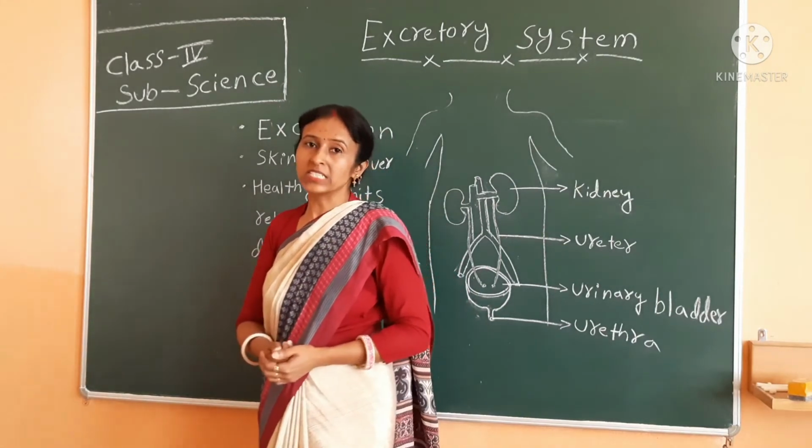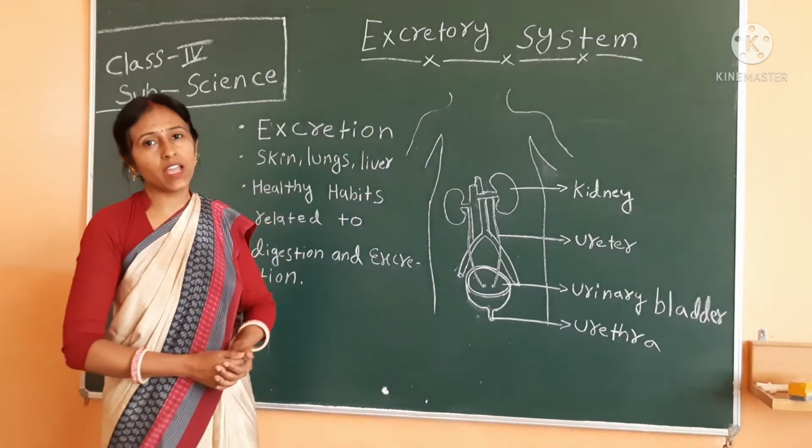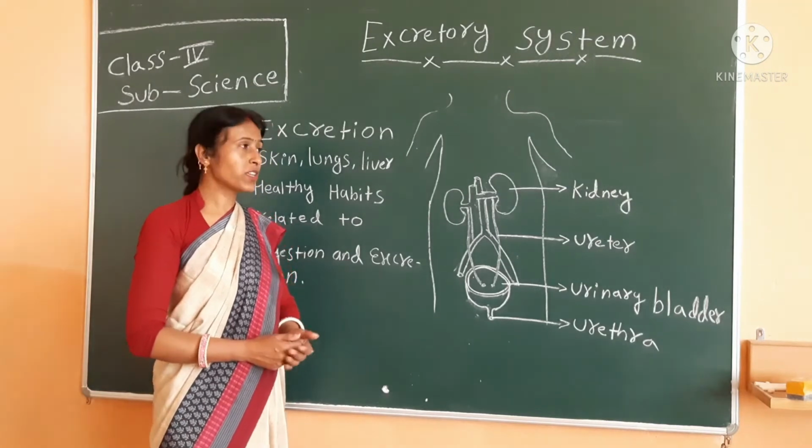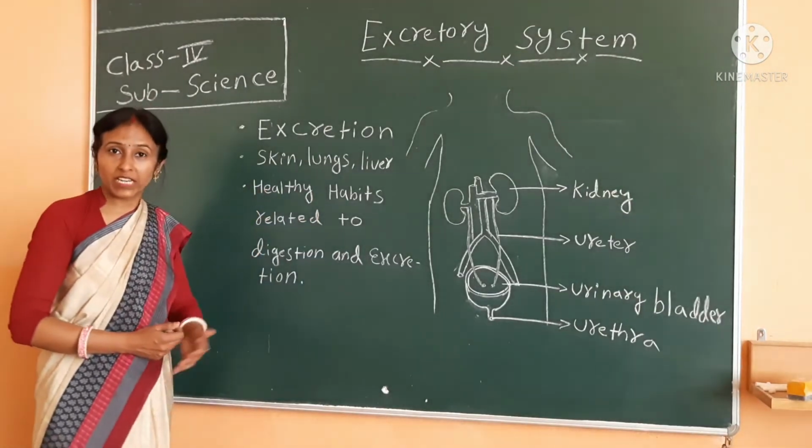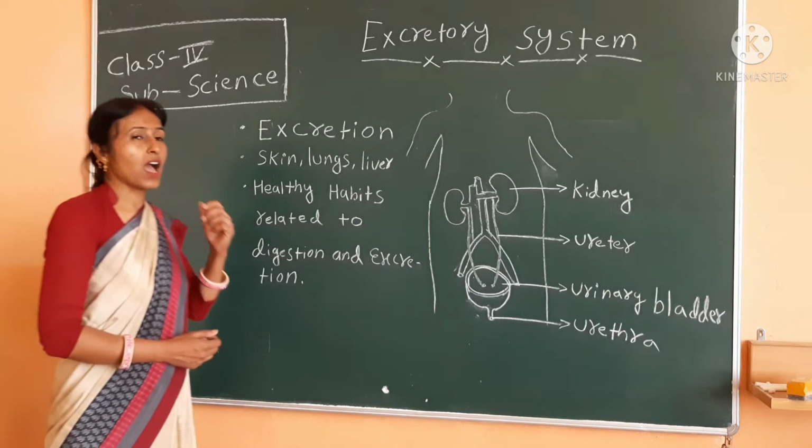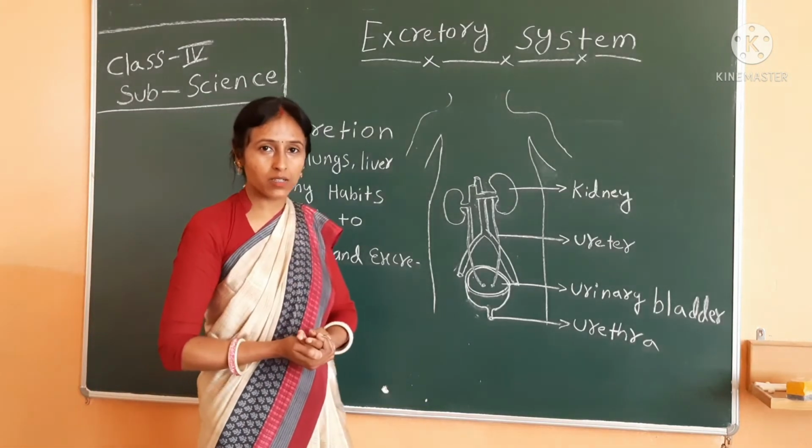Because of the protein, we have lots of ammonia in our body, and this ammonia is turned into urea with the help of the liver, and this urea is mixed up with our blood.